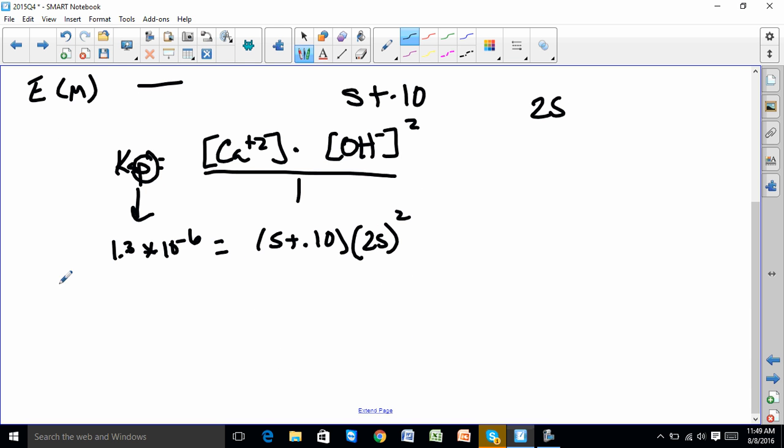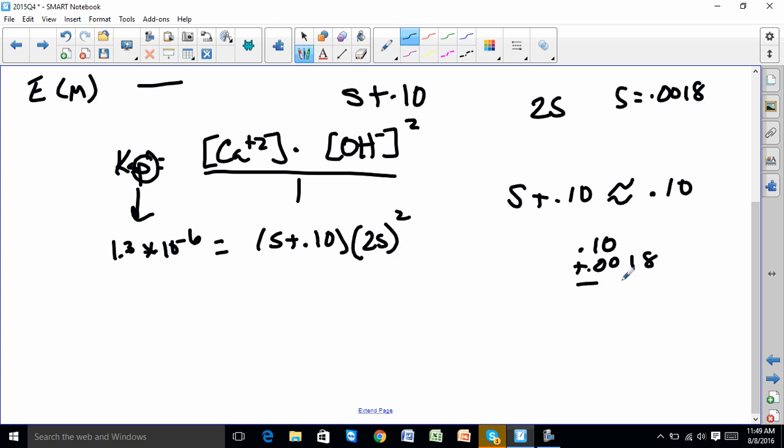An interesting thing happens, they'll go online, they'll say S plus 0.1 is approximately 0.1. The reason they do that is when we're all done, S is really tiny. It comes out to be 0.0018. You can see that 0.1 plus 0.0018 would be 0.1018, 2 decimal places, 4 decimal places. This would need to round to 2.